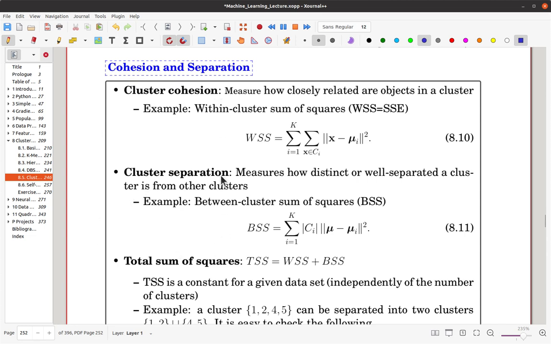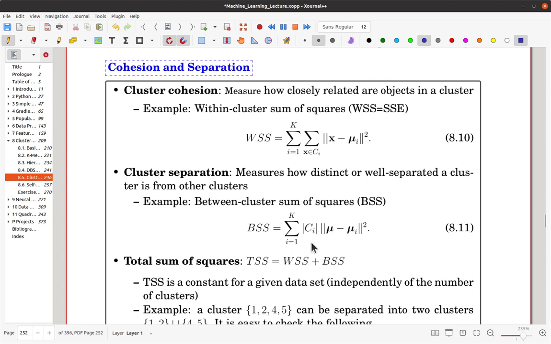And now cluster separation measures how distinct or well separated a cluster is from other clusters. For example, this is the center of the whole data set, and mu i is the center of the ith cluster.